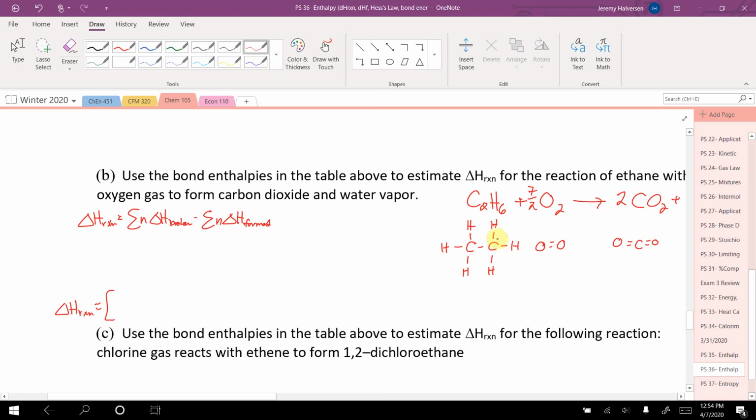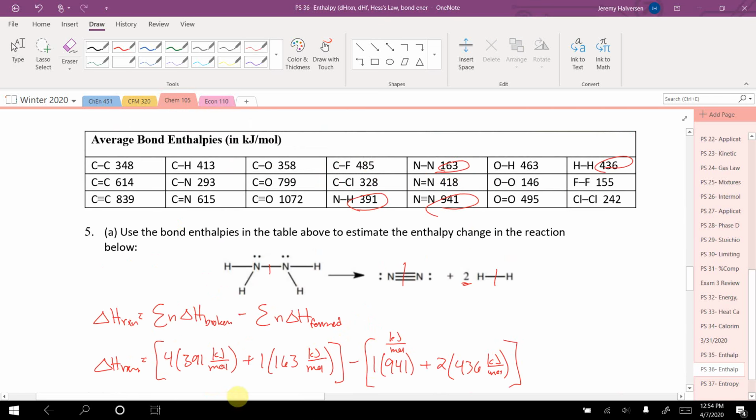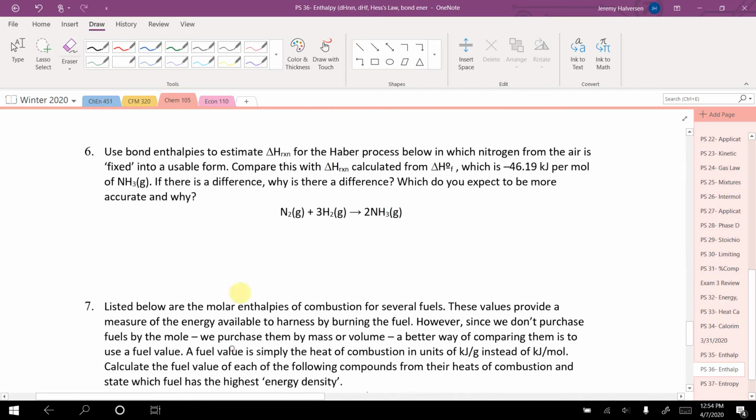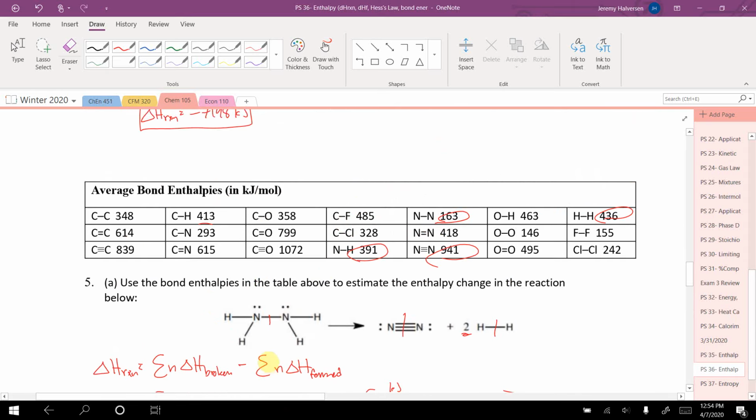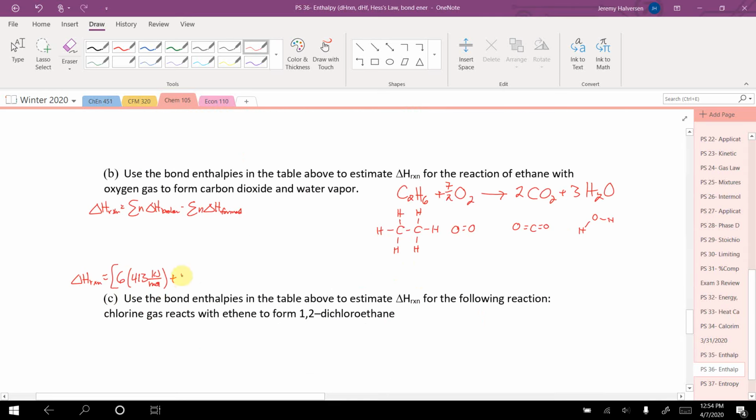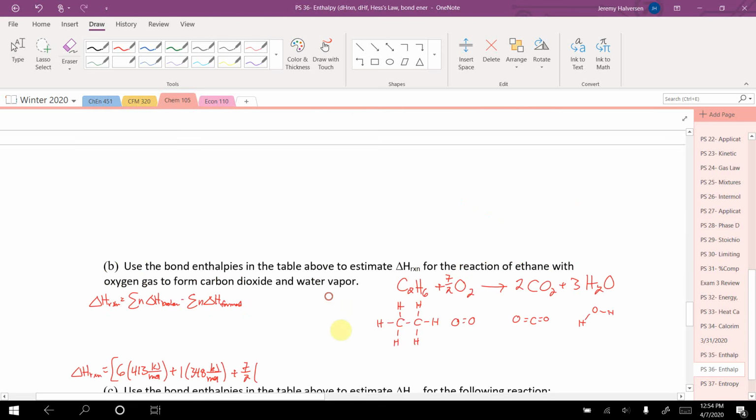What's breaking? I'm breaking 1, 2, 3, 4, 5, 6 CH bonds. CH bond is 413. I'm breaking 1 CC bond, which is 348. I'm breaking 7/2, right, because that's 7/2 OO double bonds.